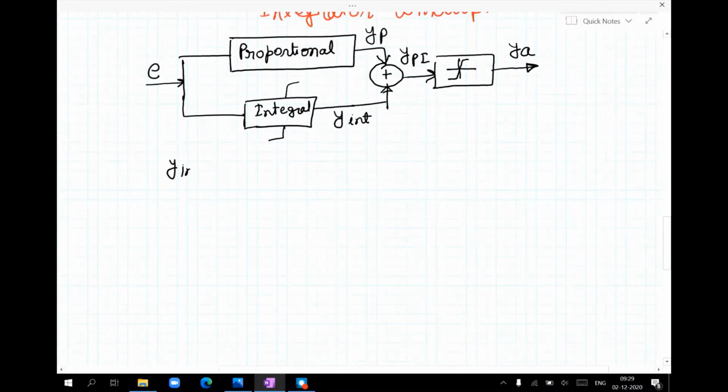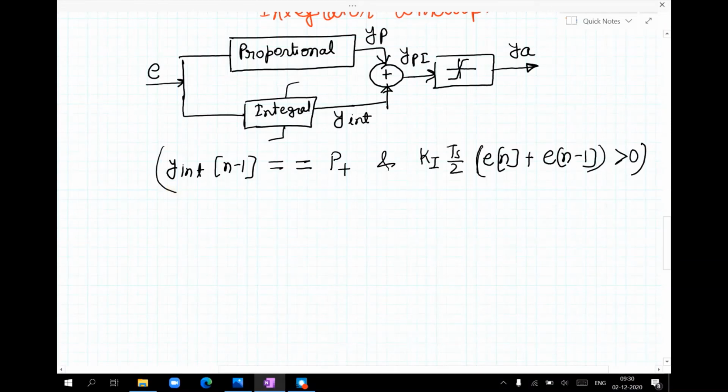So YInt[n-1], let us say it is equal to P+, which is the maximum limit of the actuator output, and the area under the curve for this sample is greater than 0. If these two conditions are true, then the output of the integrator should be equal to P+.